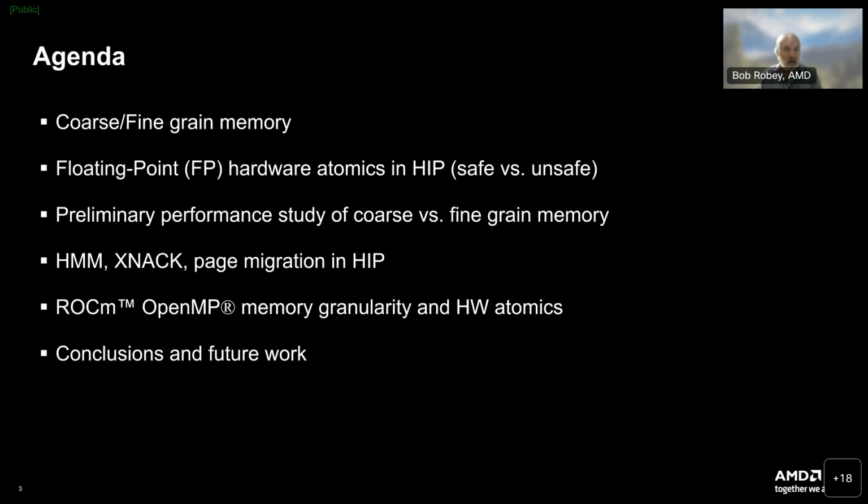We do have double precision atomics in the GPU hardware, but they're a little more complicated than what you would have in a CPU. And I'll show you how to do page migration in HIP, and then how that affects our OpenMP implementation.